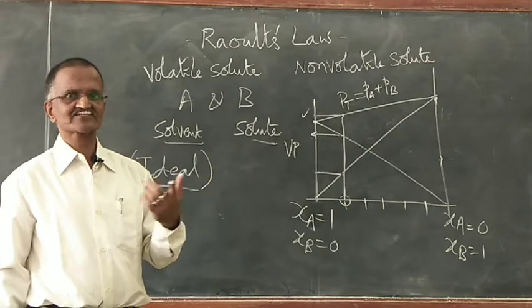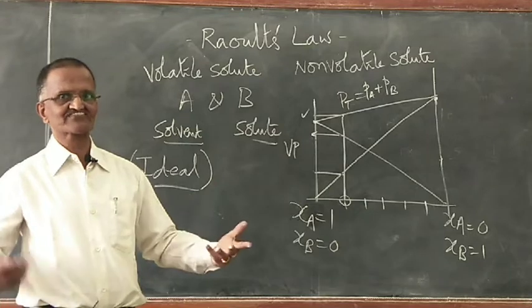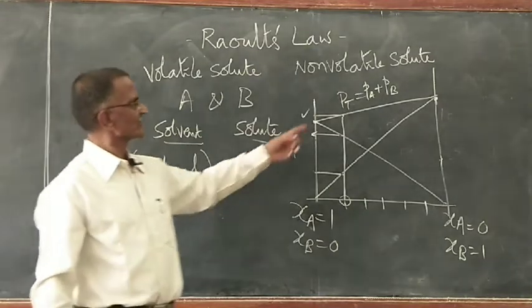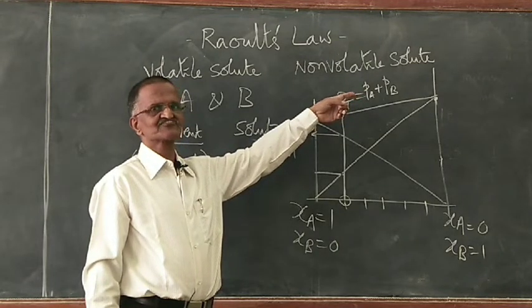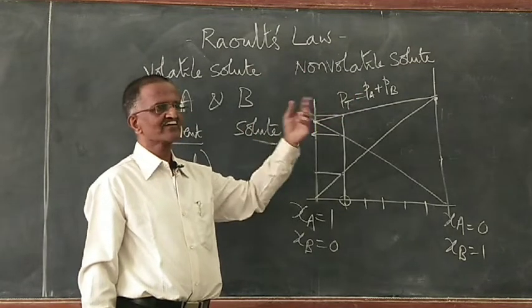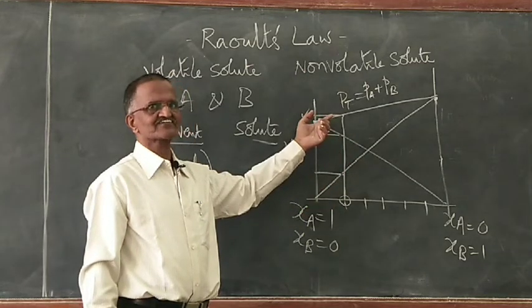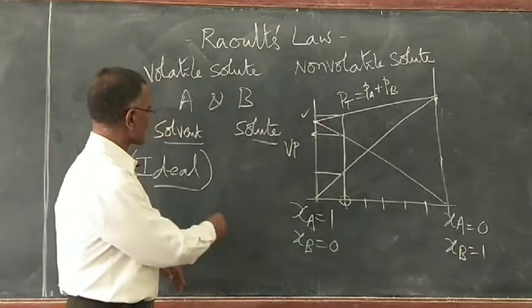Most of us, sometimes we behave as if we are ideal, but most of the time we are real students. In the same way, when I prepare a mixture of two volatile substances and have the solution in the liquid state, this is not the condition which I am going to get.